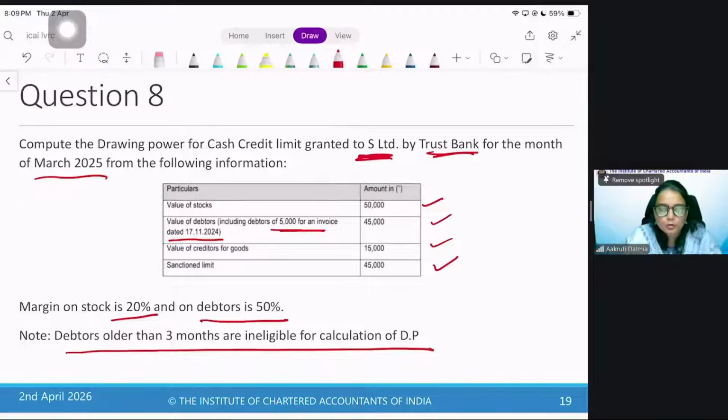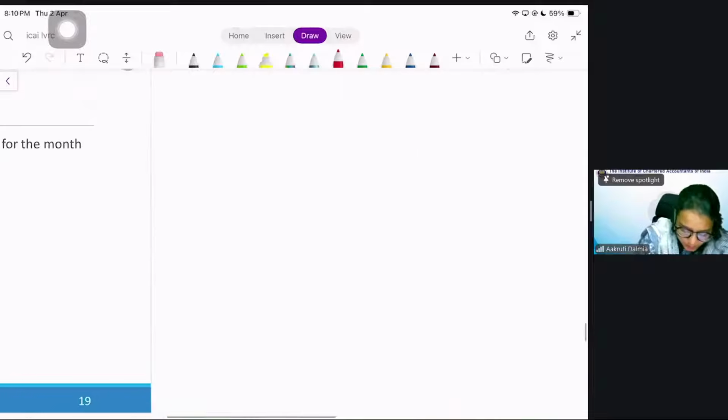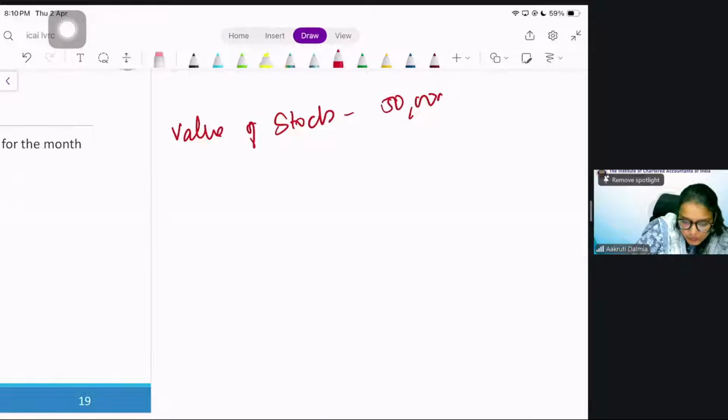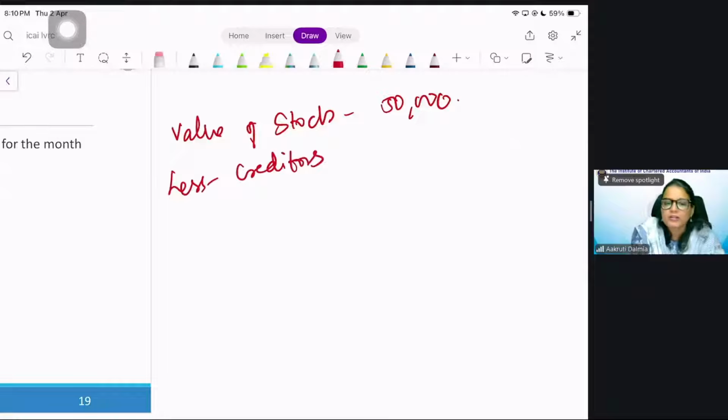All right. So the correct DP, let's see who was correct. So first you can see in the book the value of stocks is given. That is given 50,000. From this we will remove the creditors, because creditors is what?